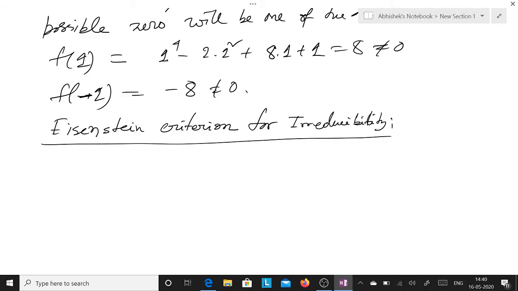So let us first state the Eisenstein criteria for irreducibility, which is, let us suppose that p be a prime. So you need to choose a prime first, keeping in mind the coefficient of the polynomial that you have considered.